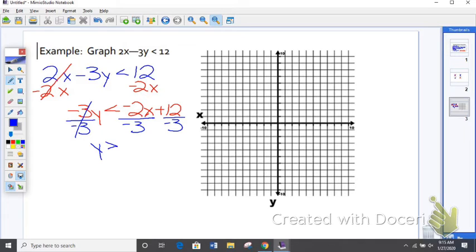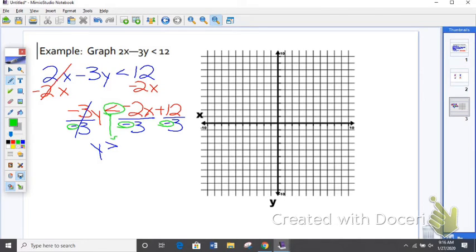How do we know when we have to flip that inequality sign? When we multiply or divide both sides by a negative number. That was that golden rule of inequalities we had first semester. So because we were dividing by a negative 3, we had to flip our sign.